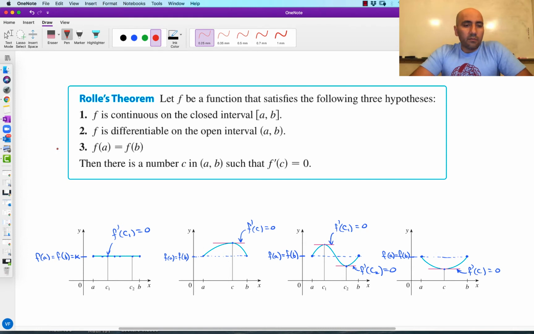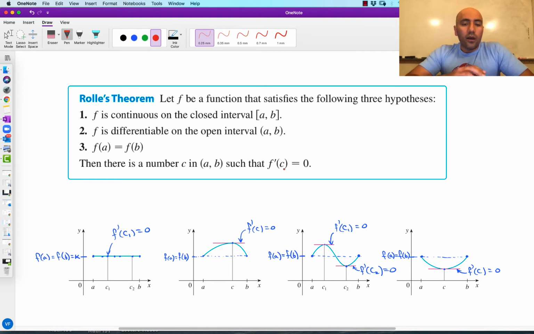Okay, but somebody more clever than me thought about this third stipulation, that f of a equals f of b, and they thought, well, is that really required? Do we have to make sure that the endpoints equal each other? Can we generalize it more when they don't necessarily equal each other? And what kind of a conclusion can we reach?